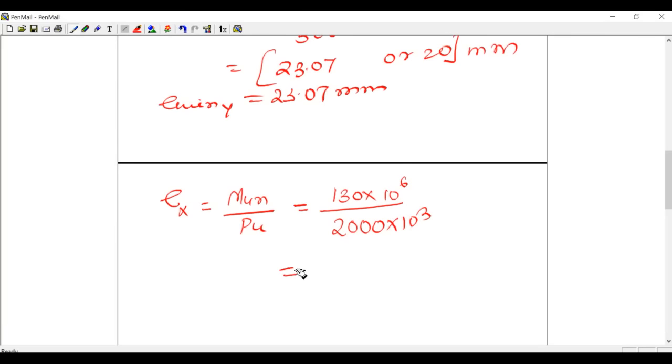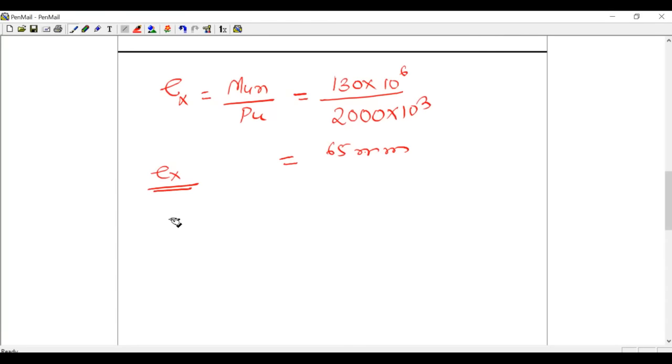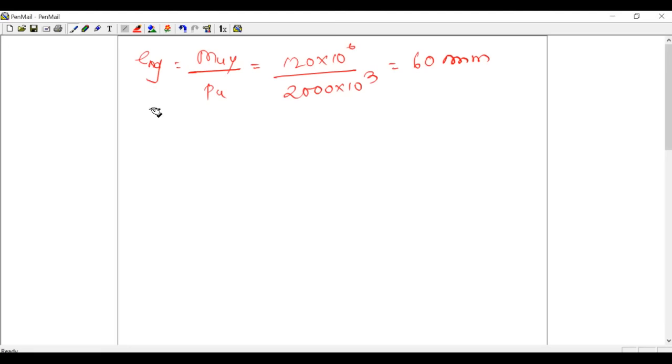So it comes to around 65 mm. Thus the eccentricity along the x direction is 65 mm. Eccentricity along y direction is equal to Muy upon Pu, similarly, 60 mm. The moment along y direction was 120 kilonewton meter. So ey is equal to 60 mm, ex was 65 mm.